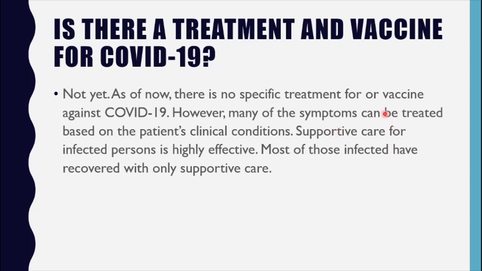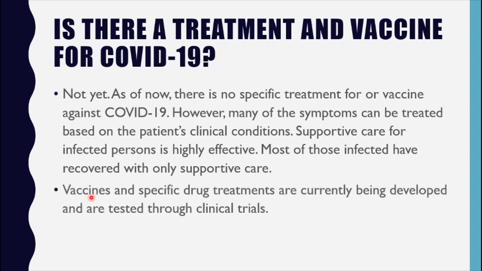Only supportive care for the infected person is highly effective. Most of those infected recover with only supportive care from doctors and nurses. The vaccine and specific drug treatments are currently being developed and tested through clinical trials. So that is the only update on the vaccine.